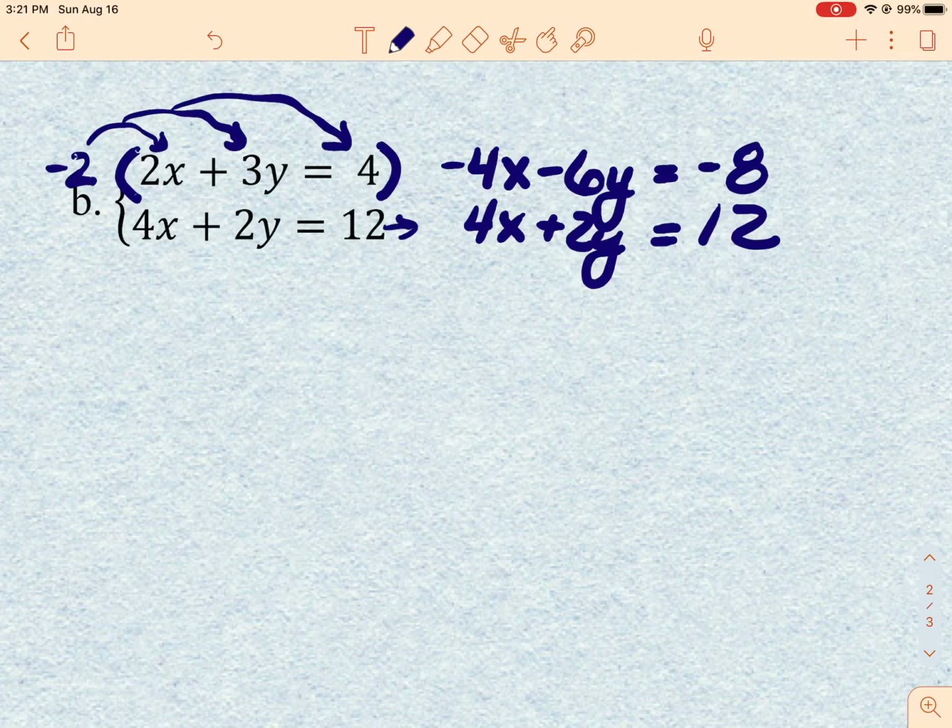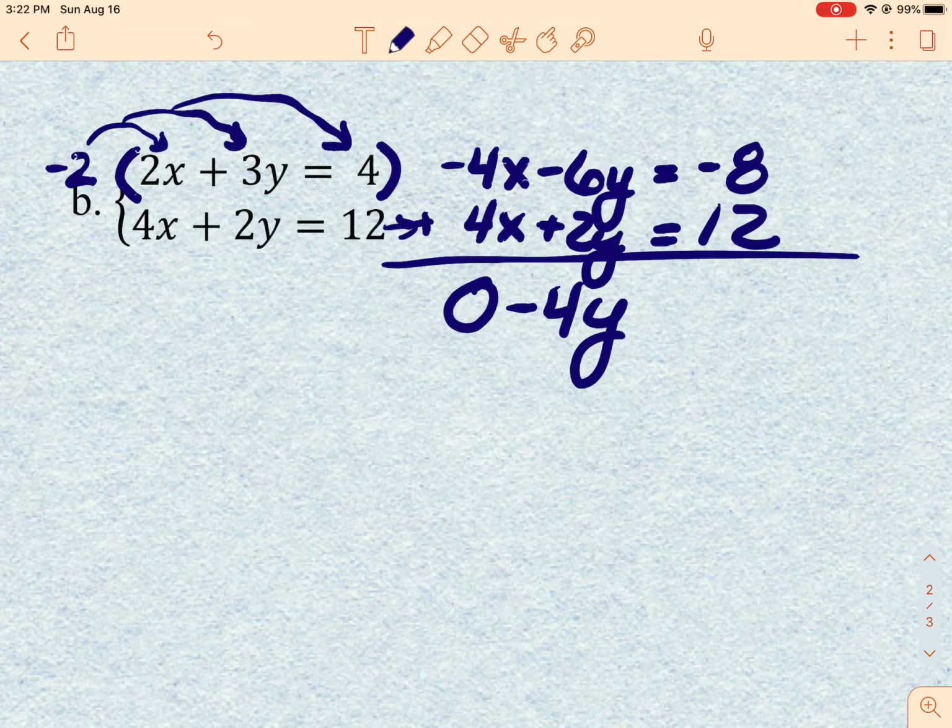Now, in order to eliminate, we want to add the two equations. So a negative 4x right here plus a positive 4x gives you 0. Then a negative 6y plus a 2y gives a negative 4y. And then negative 8 plus a 12 is a positive 4.